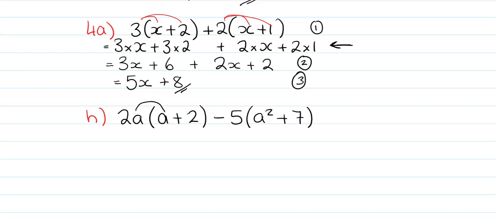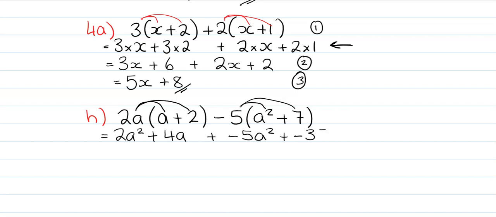So 2a times a would be 2a squared. 2a times 2 would be 4a. Okay, I'm going to put a plus in between it. Minus 5 times a squared is negative 5a squared, sorry. Plus negative 5 times 7 would be negative 35.